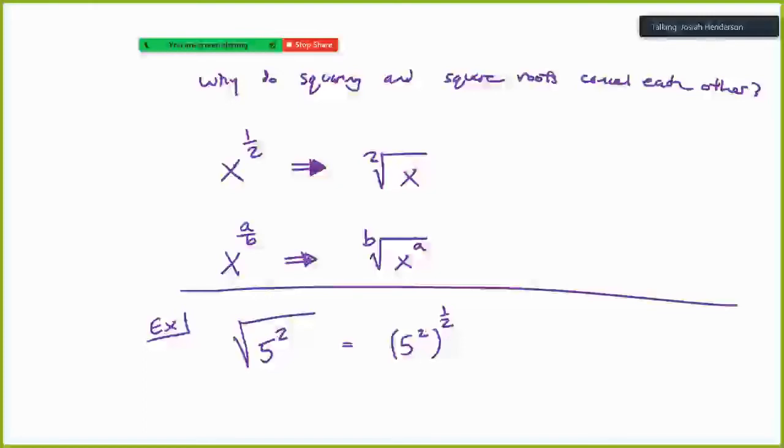The second power raised to the half power. You remember, we multiply power to a power together when it's written like this. And that converts to 5 to the 2 over 2 power. But wait a minute, 2 divided by 2 is 1. So this is 5 to the 1. And remember, the first power just means the base, 5.